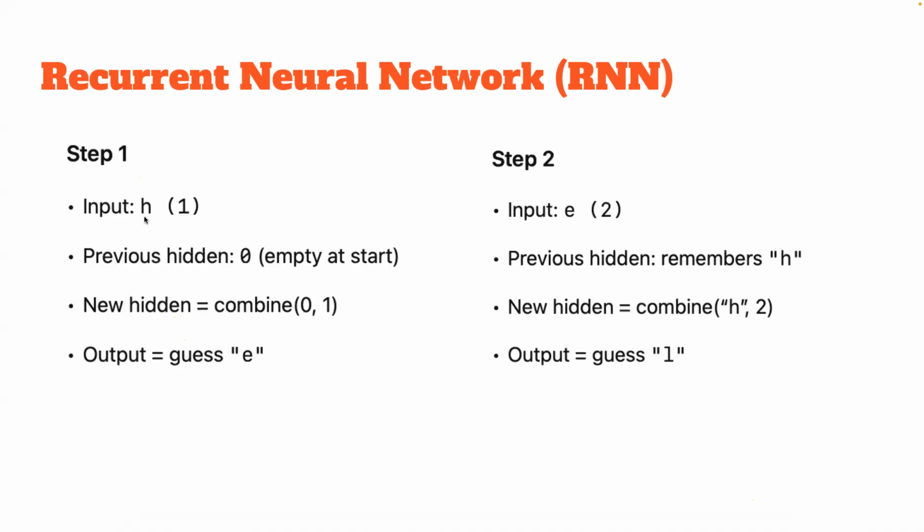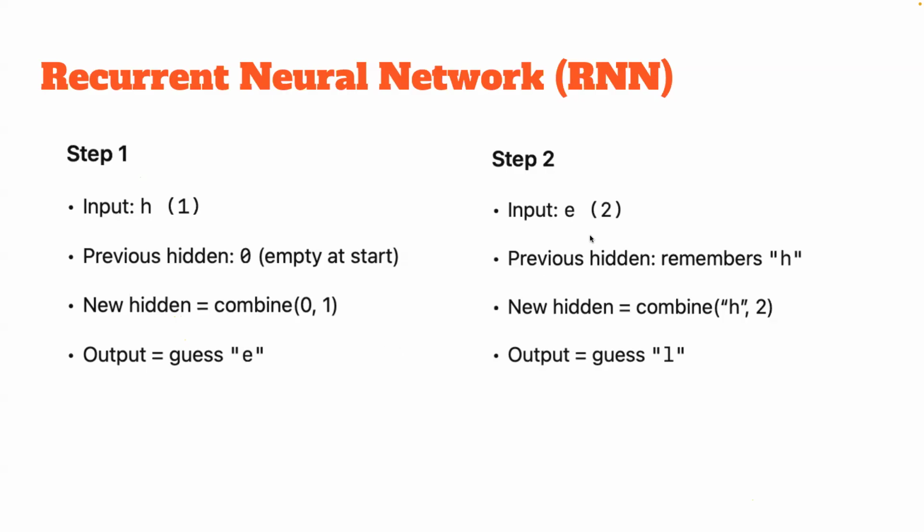So right here you can see the first character is H, right? The previous one is 0, okay, because it's empty. So you got a hidden element here, it's called 0 and 1. And then you look at what's next. And the next character is E, right? So the 0, 1, and E form one set of the input.